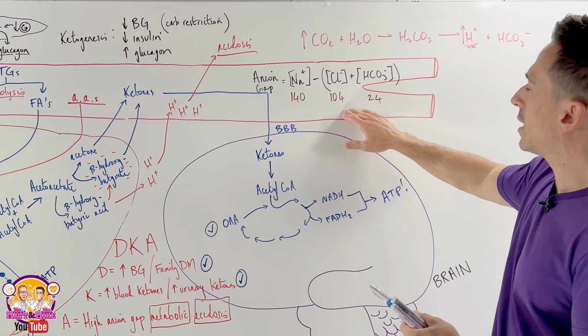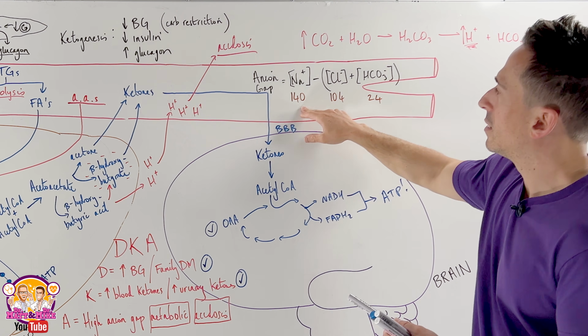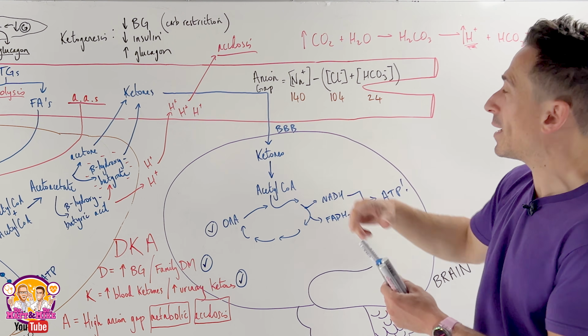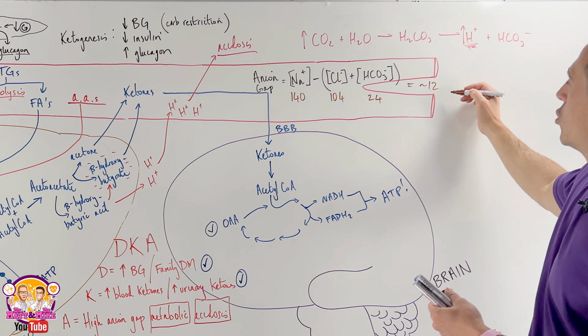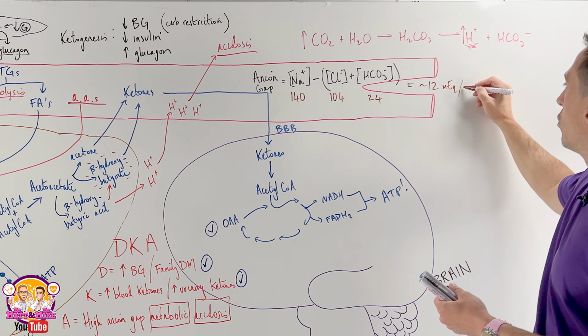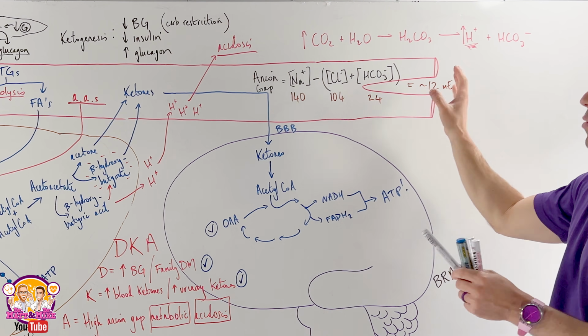Add those two up, that's 128. 140 minus 128, what's that going to be? Around about 12. So the gap is around about 12 milliequivalents per litre, or millimoles per litre. That's the gap. All right, that's a normal anion gap.